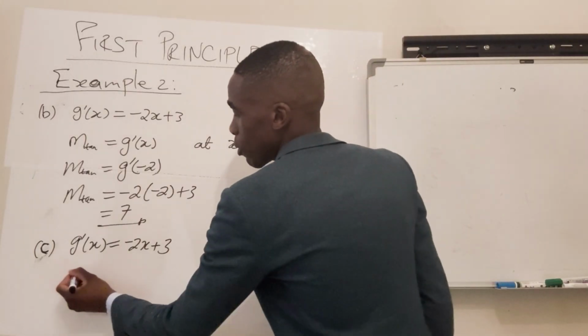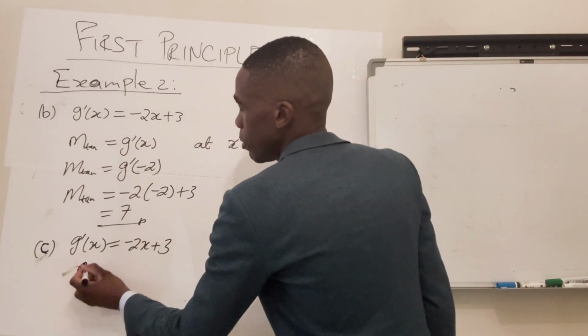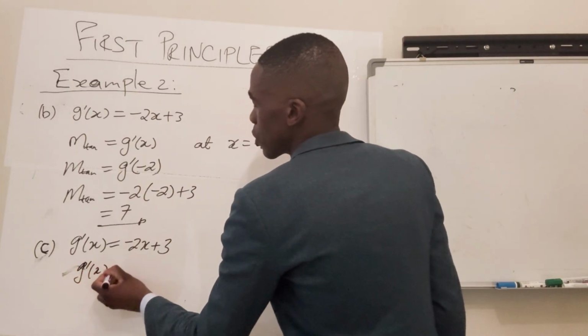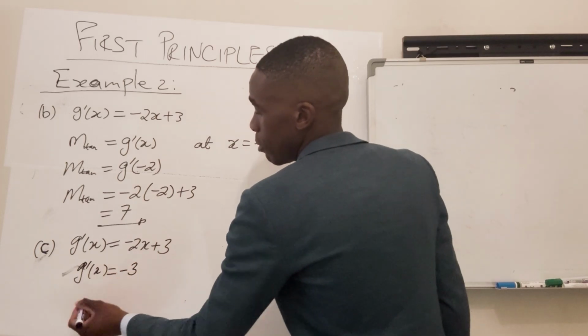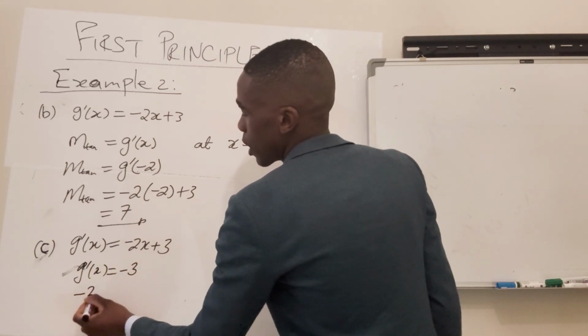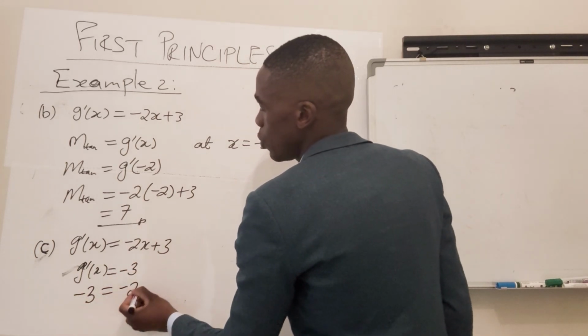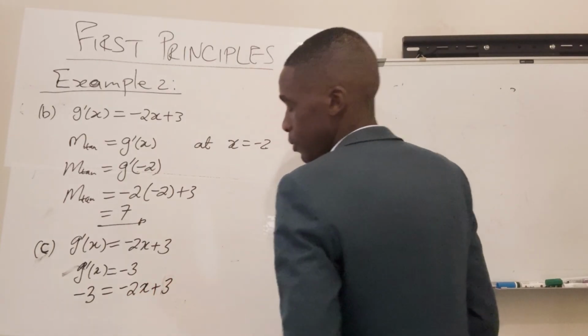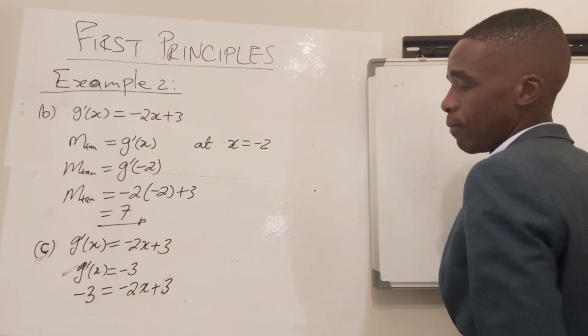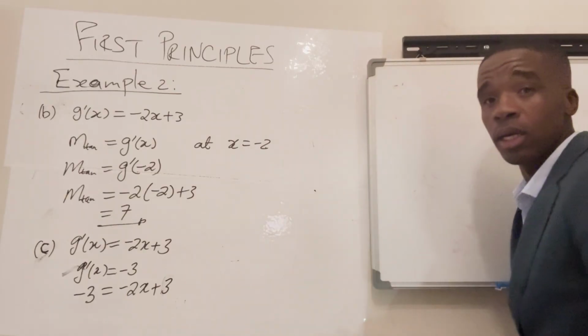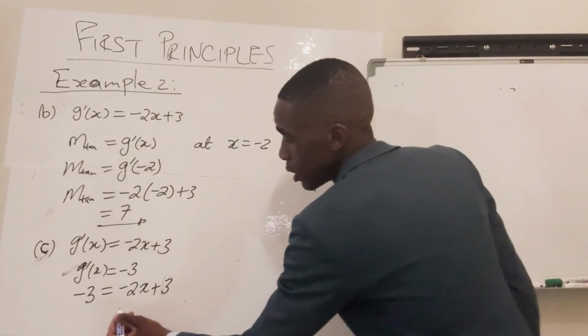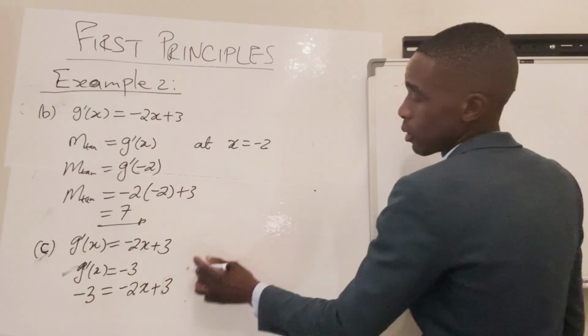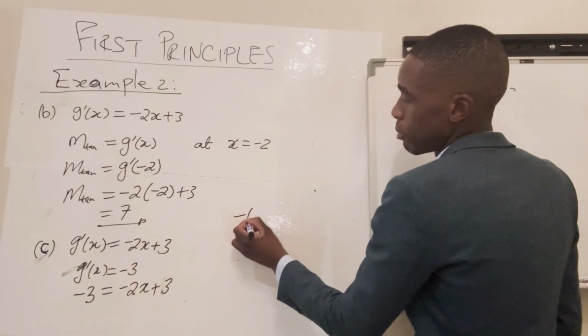So it means when g prime of x is equal to minus 3, I'm actually having minus 3 is equal to minus 2x plus 3. Are we together? And that becomes, ladies and gentlemen, taking that to that, it becomes minus 6.